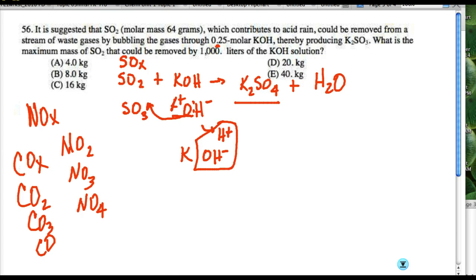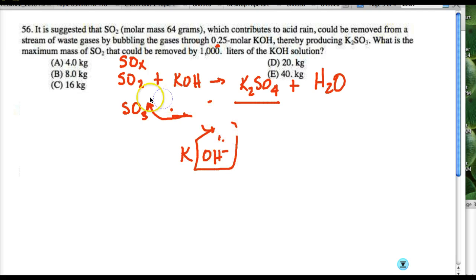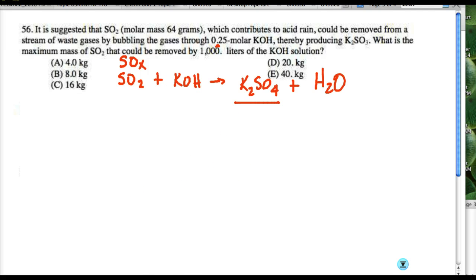So now all we have to know is their molar ratio, I guess. And what is that? So 2 of these. And we knew that because we have 2 of those, right? And that would make it balanced.